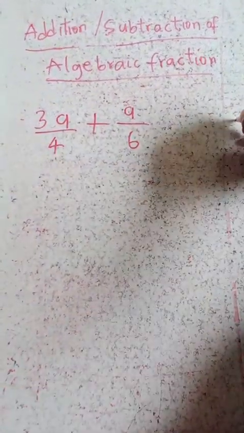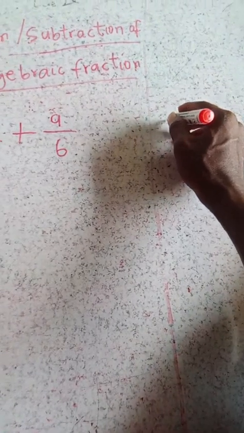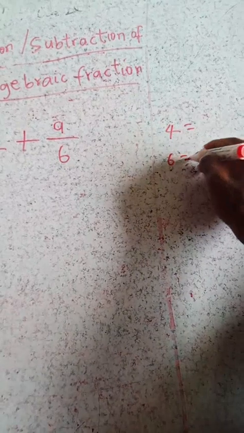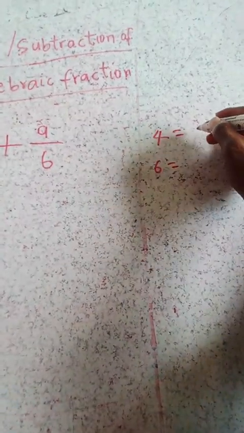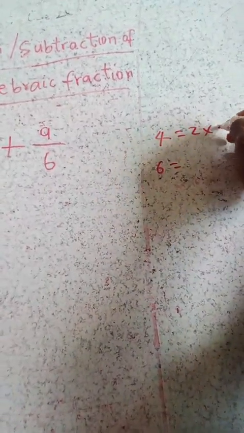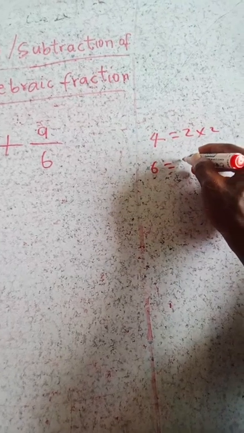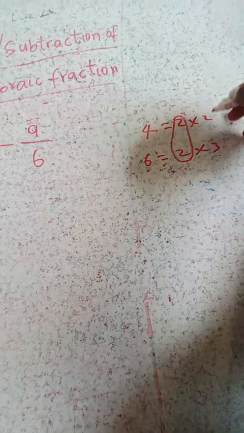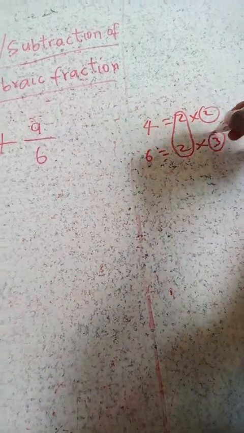How to find the LCM of 4 and 6? 4 is 2 times 2, and 6 is 2 times 3. So these two are common, and this one is not common, this one is not common.